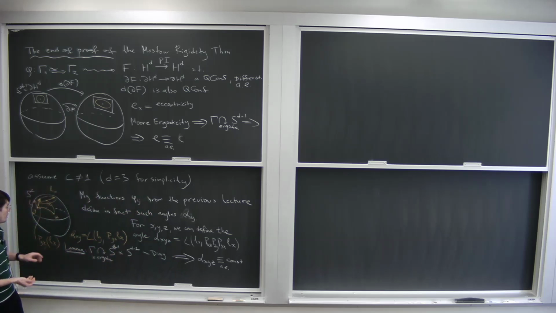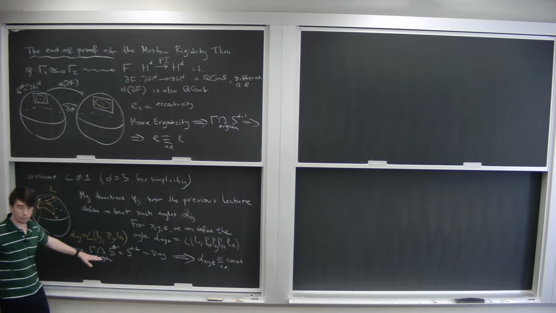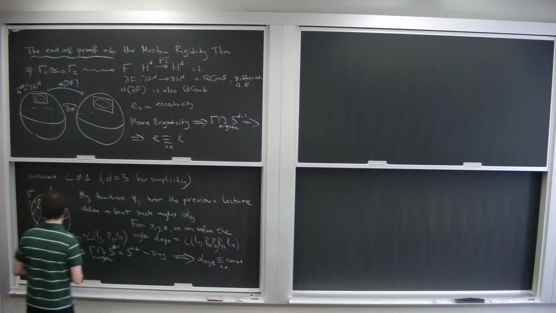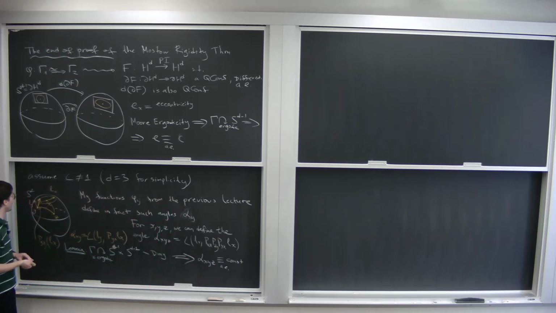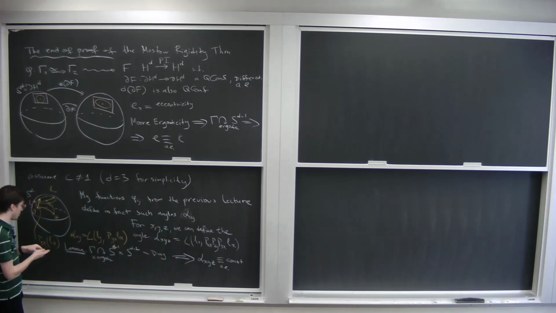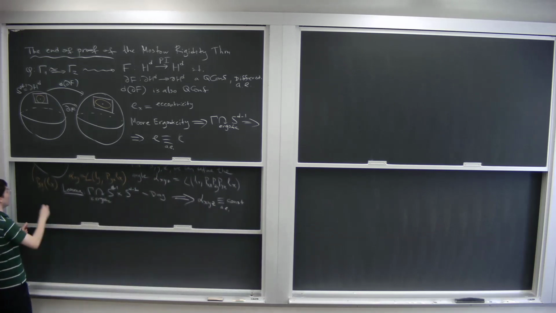But yes, okay. So ergodicity indeed implies that this is constant almost everywhere. But then you can check that this angle, on the other hand, equals the area of this spherical triangle.